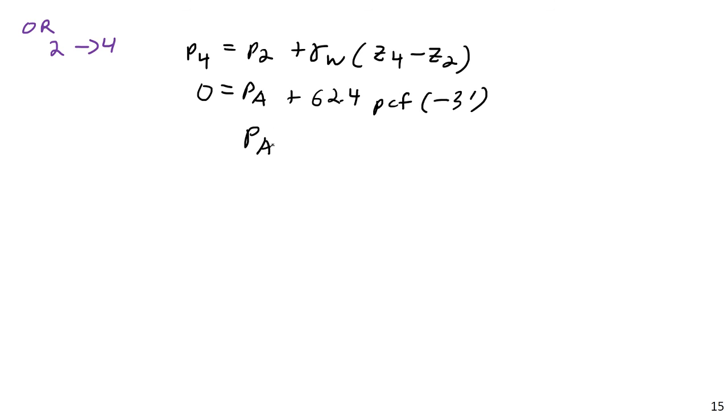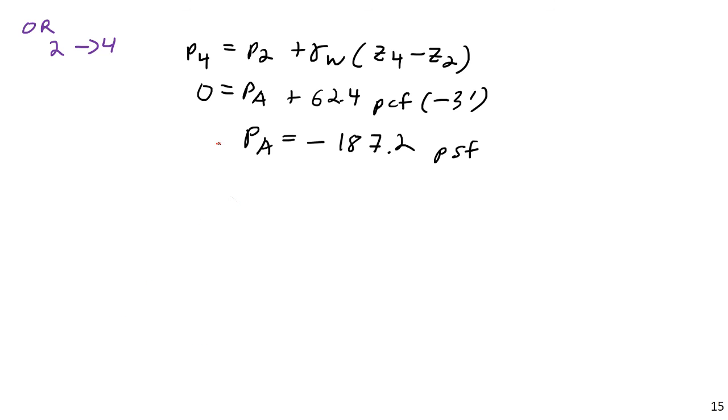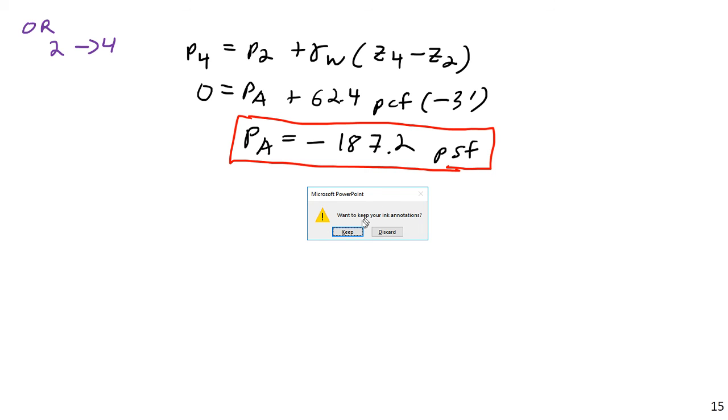And finally, PA is equal to negative 187.2 pounds per square foot. And that is our final result.